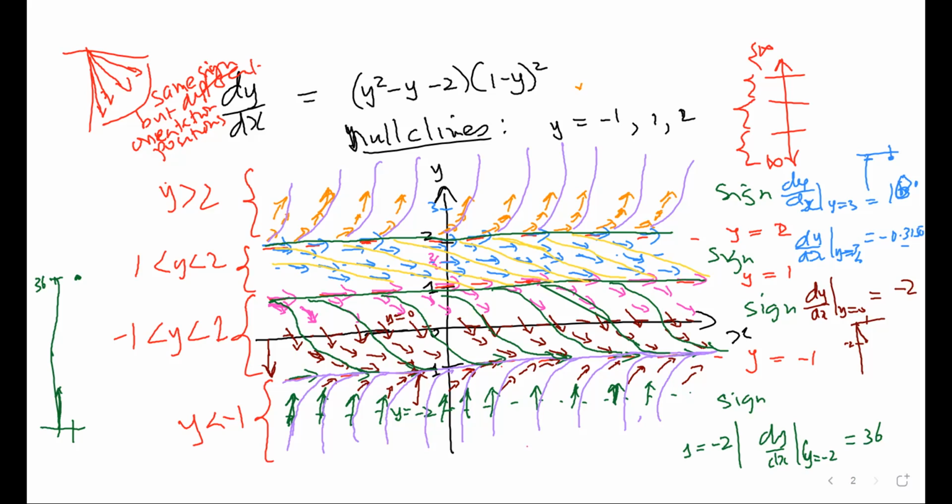But if we start here where y of 0, for example, equals 3, all solutions here are going up. So y then approaches infinity. So this is what we call the long-term behavior of the solutions in this case. All right.